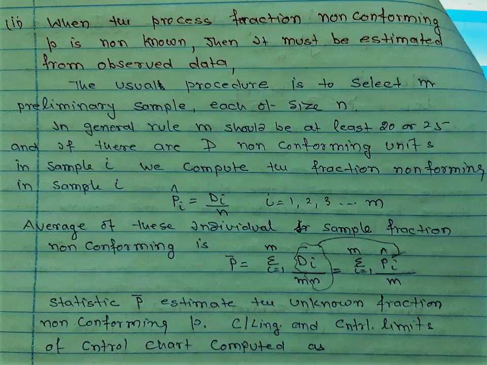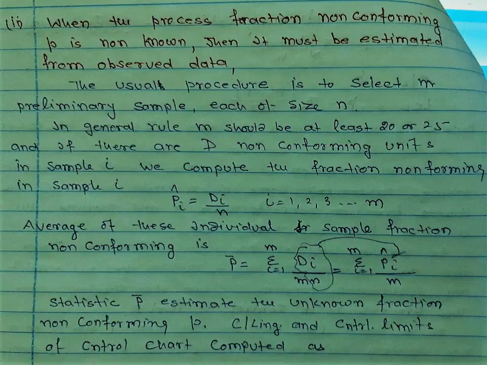That means in the ith sample, this is the number of defectives in the ith sample, and this is the sample size. So the sample size is constant, and that means P i is equal to D i by n. So D i is the number of defectives in the ith sample.